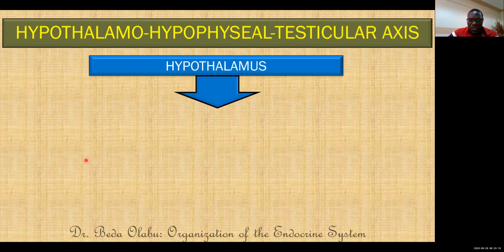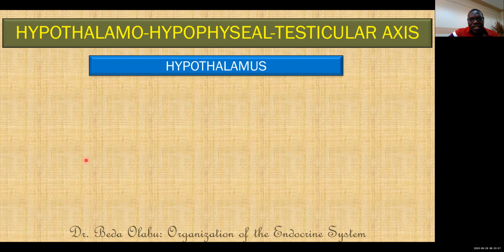So you need to know something about androgens in terms of the hormonal axis that leads to the secretion of androgens. The hormonal axis that leads to the secretion of androgens is known as the hypothalamo-hypophyseal testicular axis. It simply means that the signal must be coming from hypothalamus, as we've already seen, and that signal goes to the pituitary gland, which we are calling hypophysis.